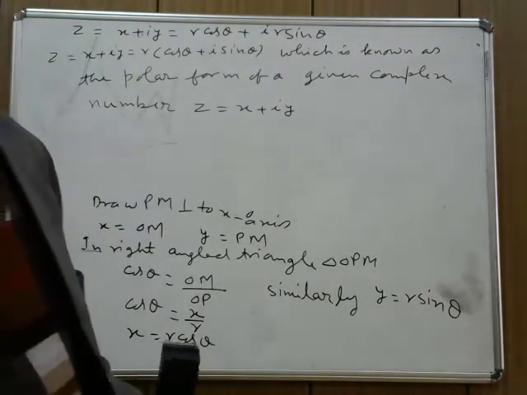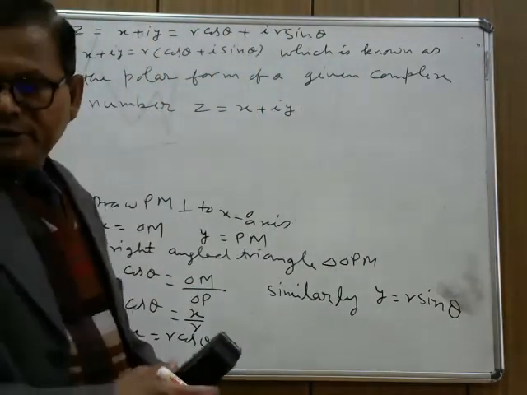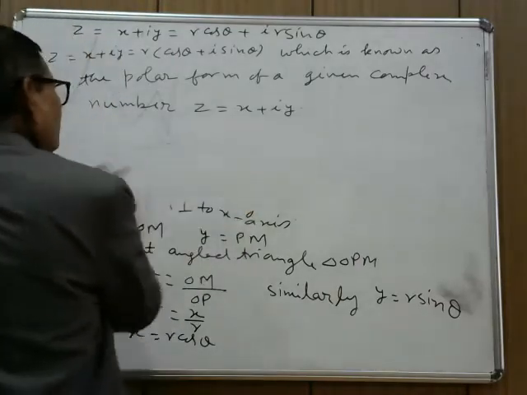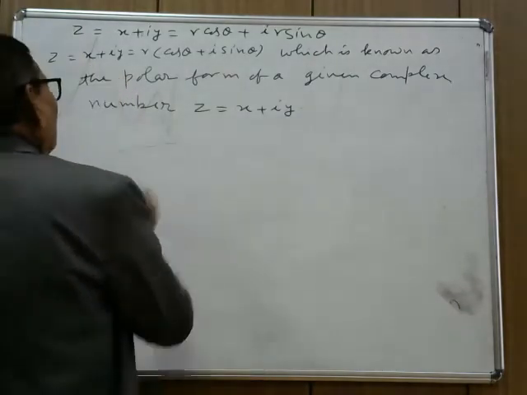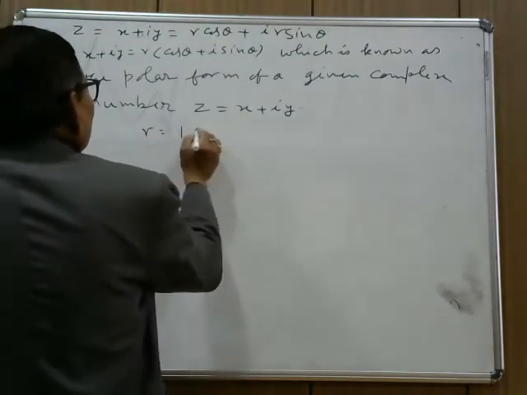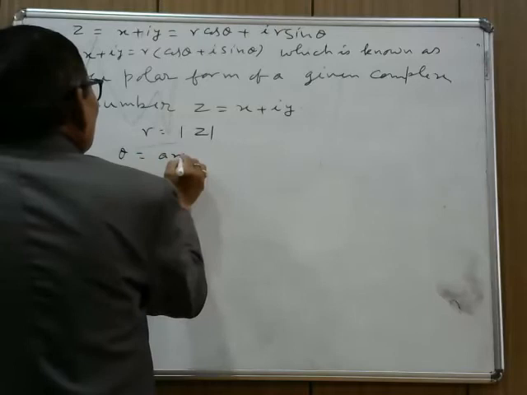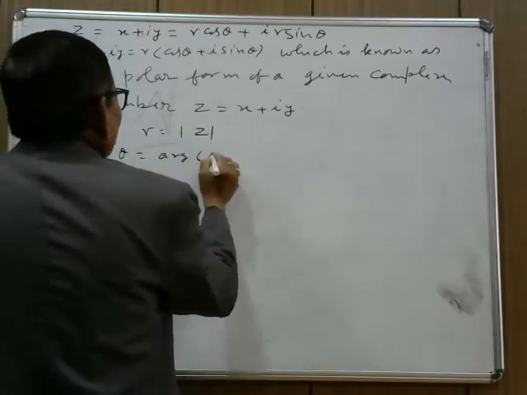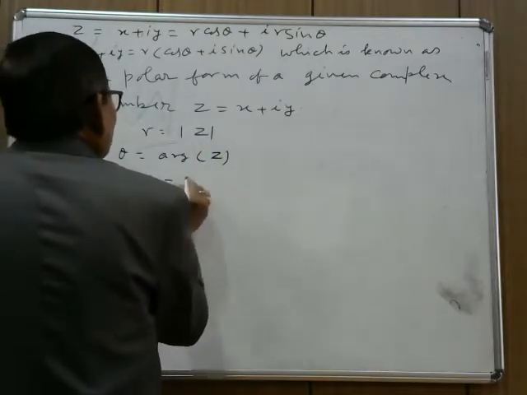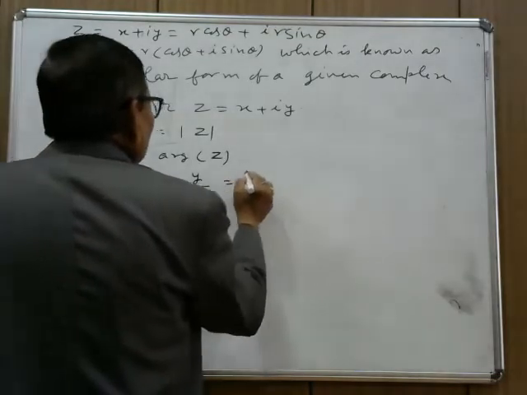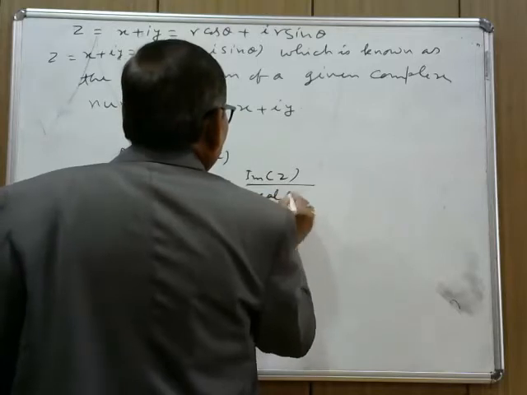Now for any complex number, come to another point. You have seen earlier that r is mod z, and theta is known as the argument of complex number z, and tan theta is equal to y upon x, that is, the imaginary part of z upon the real part of z.